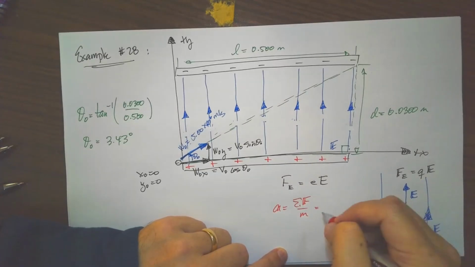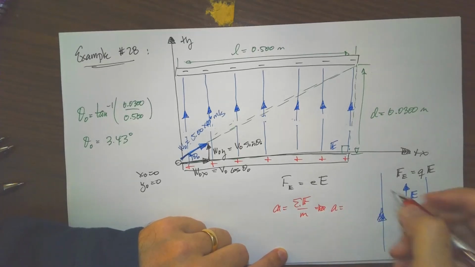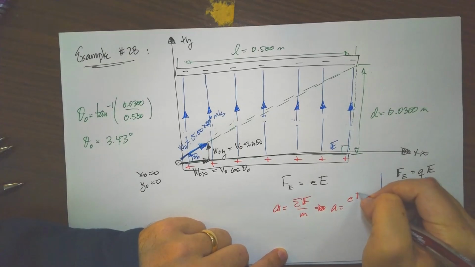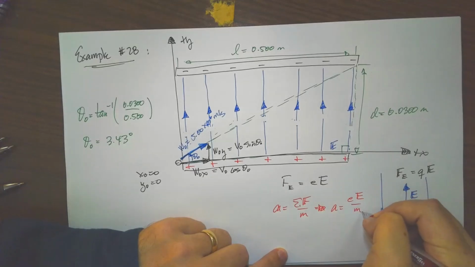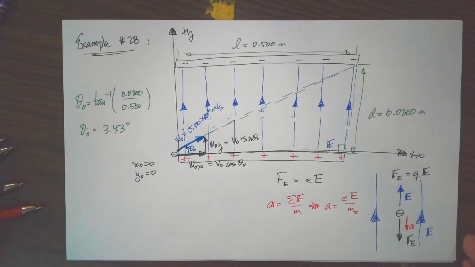So the magnitude of the acceleration is going to be e times E over the mass of the electron. We know this charge, we know that mass. It's an electron. It's 9.11×10⁻³¹ kilograms for the mass. The charge is negative, which is why the directions were reversed. And the value of the charge is 1.602×10⁻¹⁹ coulombs, the fundamental unit of charge.